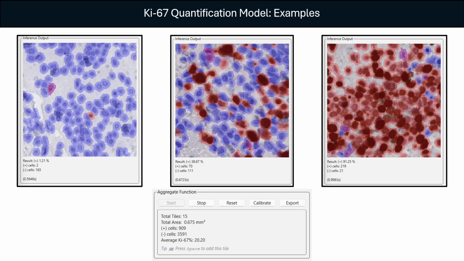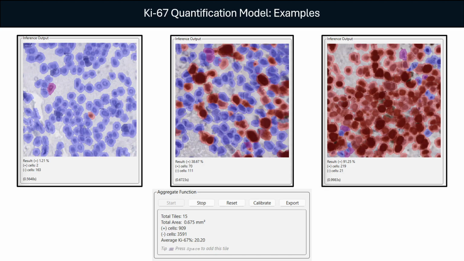And OnSight has been tested on a variety of Ki67 tissue slides. For example, on the left-hand side, we can see a tissue with low amounts of Ki67 positivity. And on the right-hand side, we can see a tissue slide with a very high amount of Ki67 positivity.